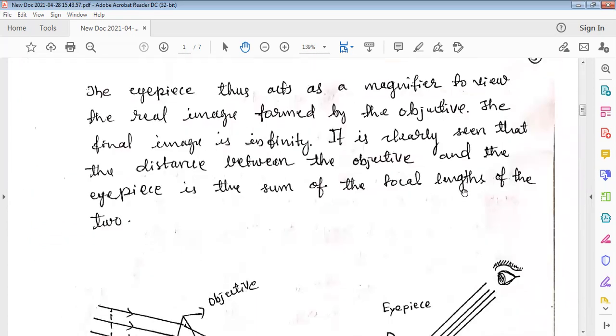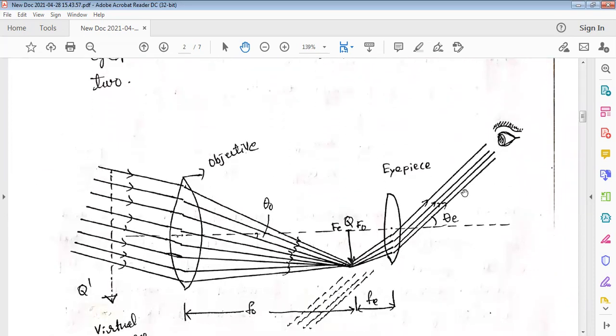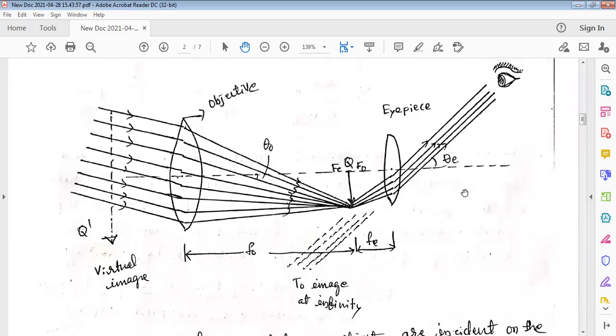Here I will show you the diagram. This is the construction diagram of a refracting telescope. These are the parallel rays coming from the distant object. The distant object can be a star. This is the objective, a huge convex lens used here. These rays, after passing through this convex lens, converge at this point.